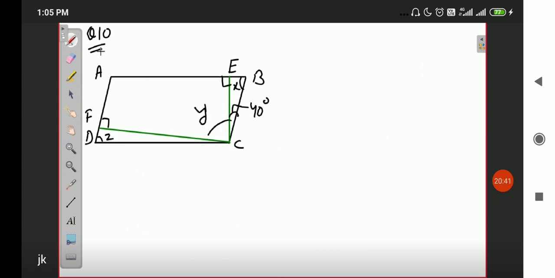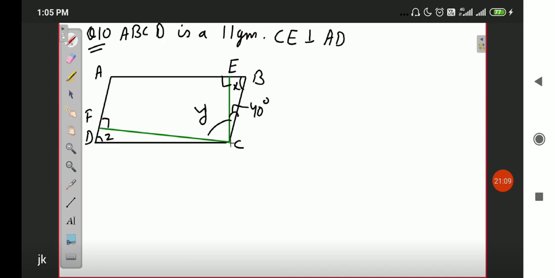The question is, in the given figure, ABCD is a parallelogram. In this parallelogram, CE is perpendicular to AB.